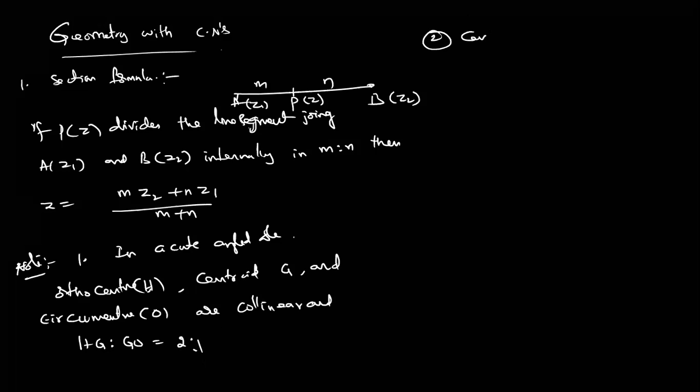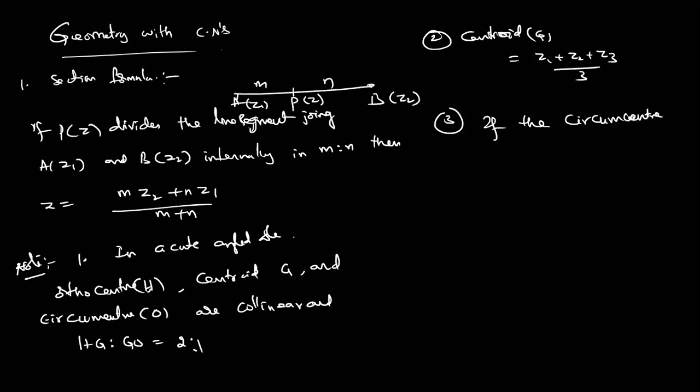What is the centroid formula? That is (Z1 plus Z2 plus Z3) by 3, in a triangle ABC. If the circumcenter of a triangle formed by Z1, Z2, Z3 is the origin, suppose the circumcenter is origin, dear students, this is very important, then what can you say?